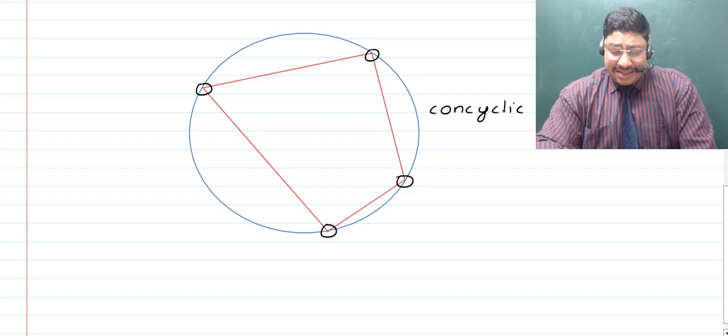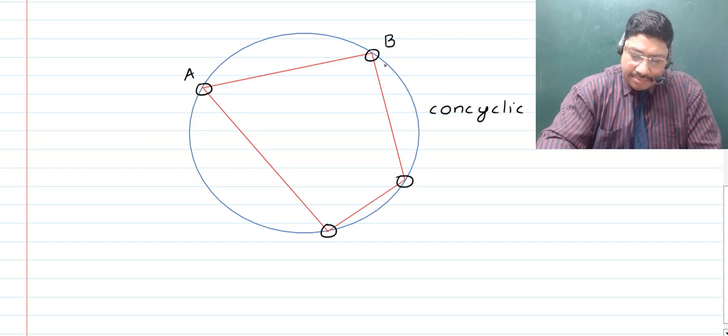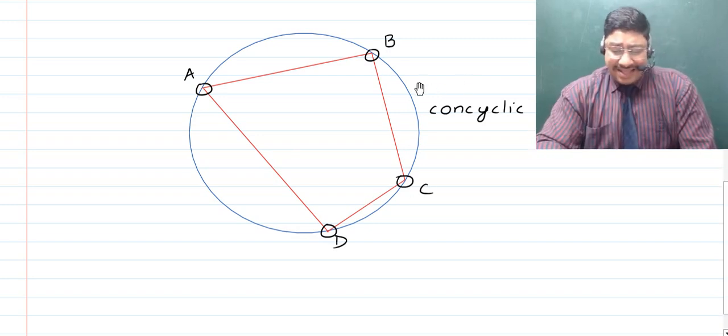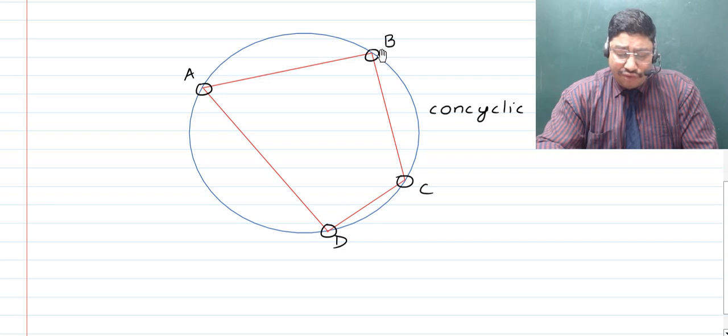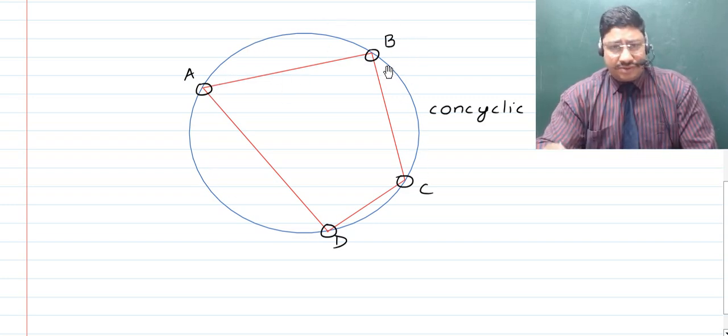And thus a cyclic quadrilateral has been formed. So if we name it, say, A, B, C, D, then a cyclic quadrilateral is a quadrilateral which has all of its 4 vertices on the circumference of the circle, and all of these 4 points are said to be concyclic if they are on the circumference of the circle.